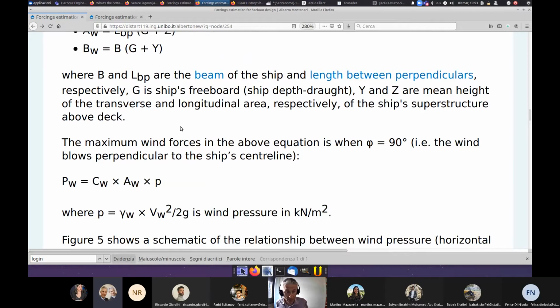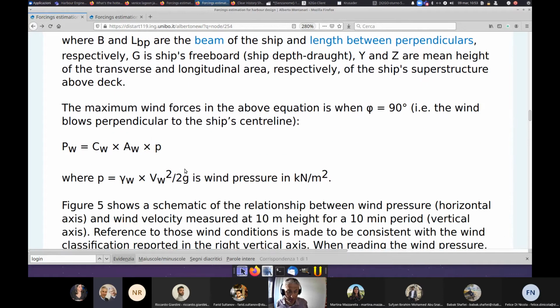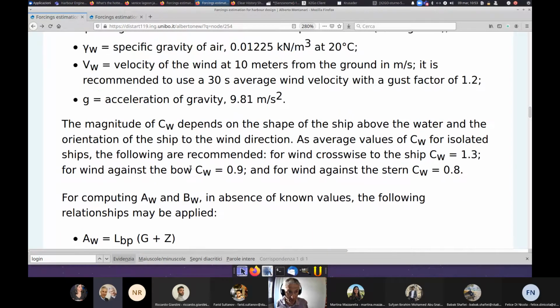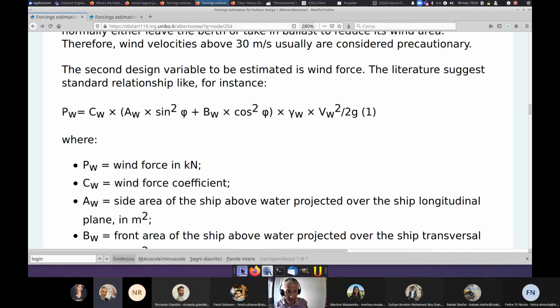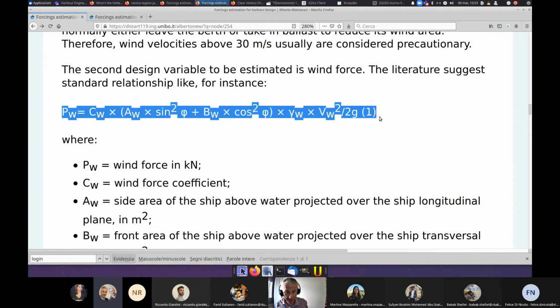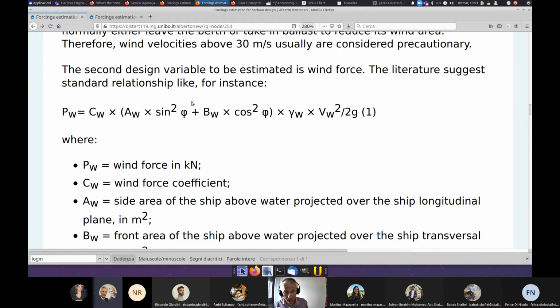Now, of course, the maximum wind force in the above equation, I go up to show it to you. You can get here a max of this force depending on the value of phi. Okay, so if you look at a given direction like the longitudinal direction or the transversal direction, you can find a phi value that maximizes the forces.